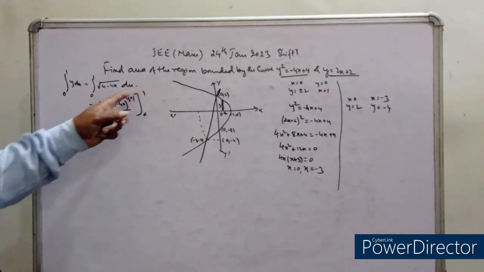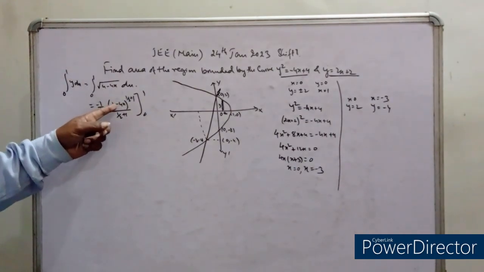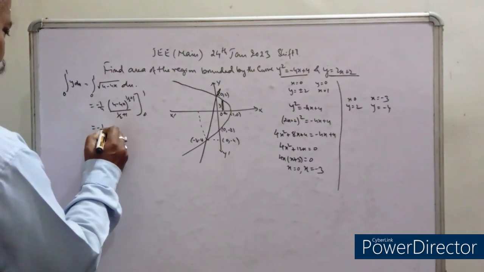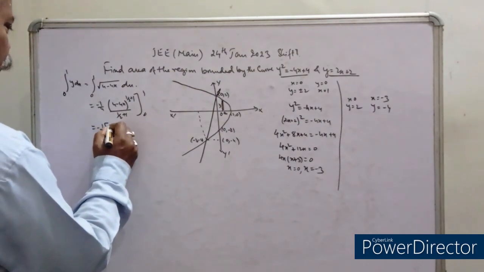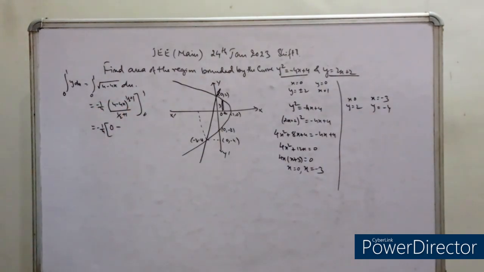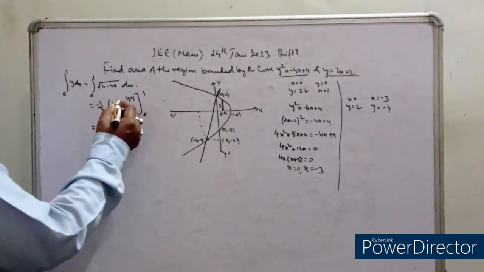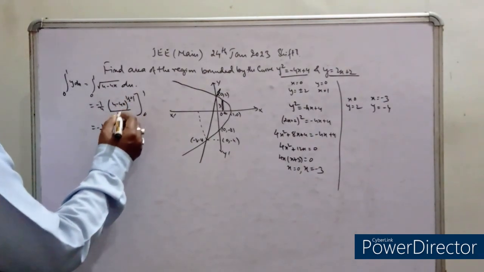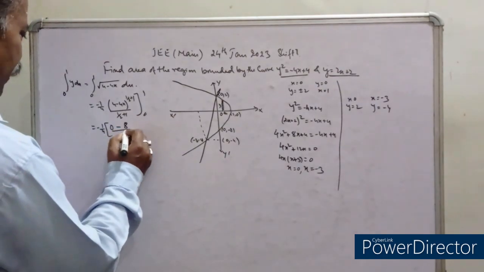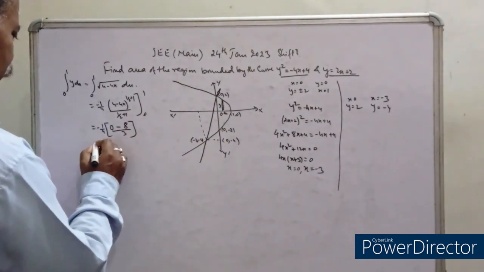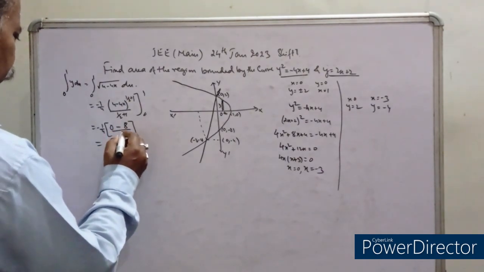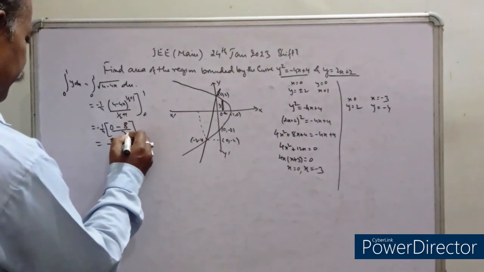Here you see that if I place the upper limit, then it becomes 0, and if I place the lower limit, this will be minus 1 by 4 into 0 minus 4 to the power of 3 by 2, that means 2 square, that means 8, that is 2 to the power of 3, divided by 3 by 2.